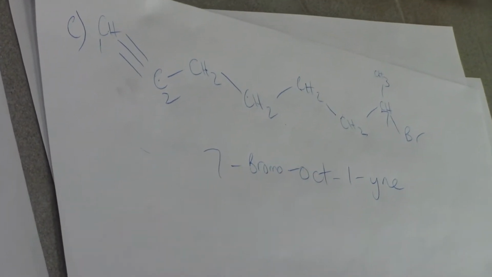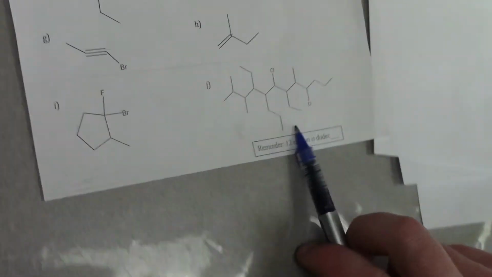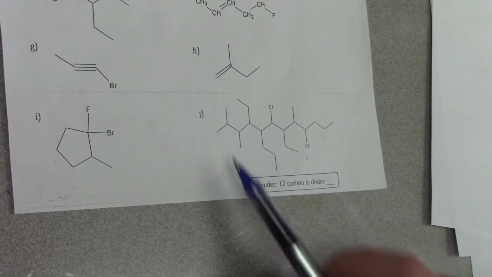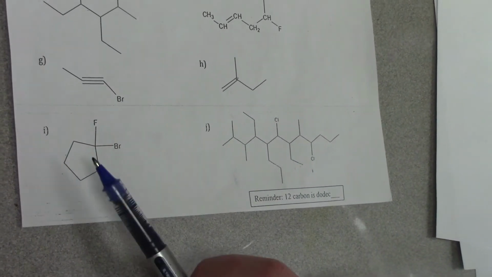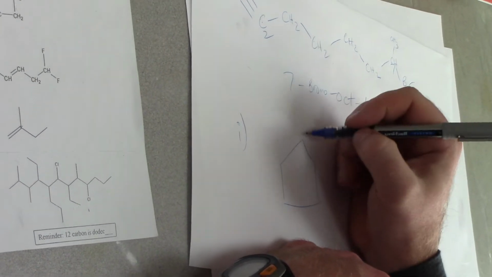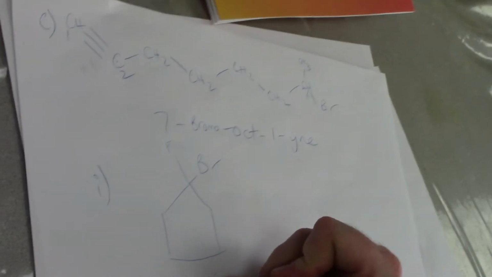Okay, this is dodecane. So this is 12 carbons as your parent chain. I'm going to leave that for you to name, though. You have some chloro groups, propyl, ethyl, and methyl groups on that. And I'm going to do this one. So this shows cyclopentane.